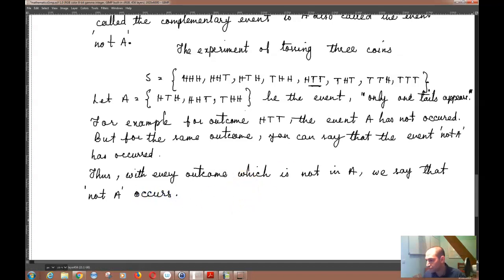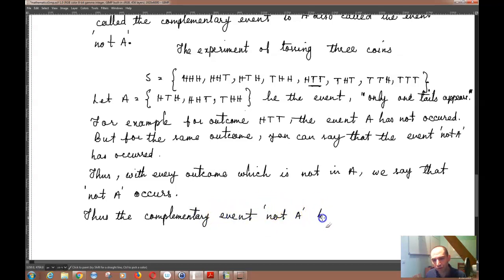Thus the complementary event not A to the event A is A prime, which is all the outcomes that you cannot find in A.